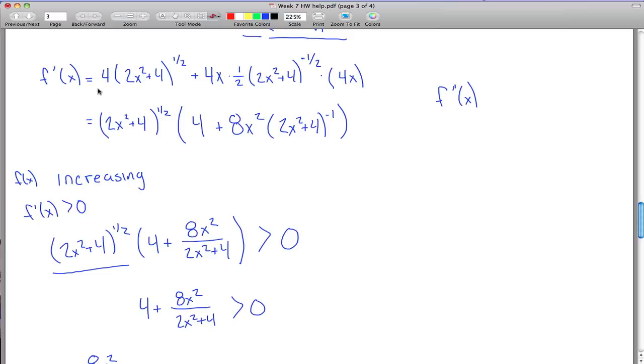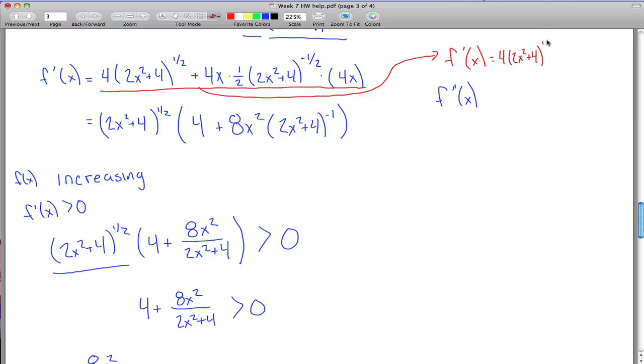Maybe we take this top line here. Maybe we need another color. Let's take this top line and see if we can rewrite it over here a little bit more simplified. We'll leave the left-hand side alone. So 4 times 2x squared plus 4 to the 1/2.